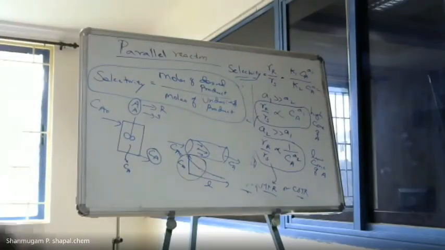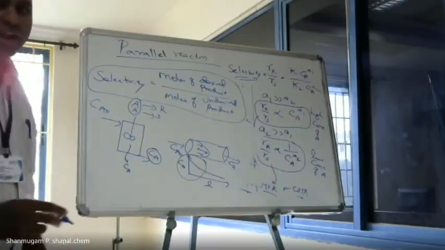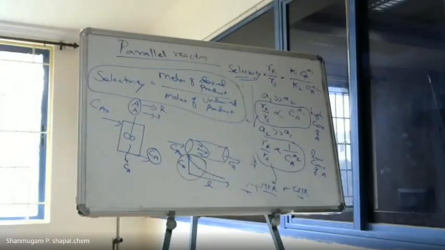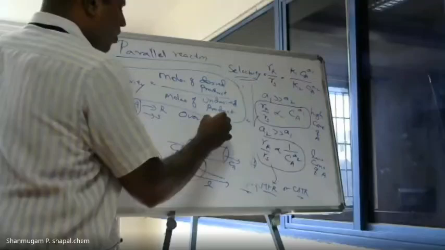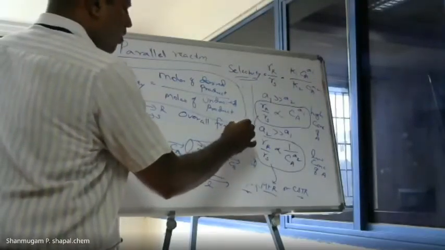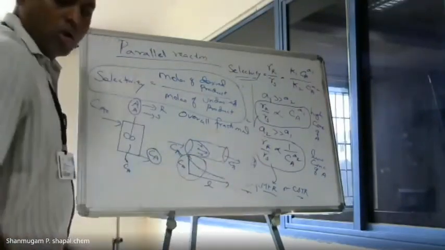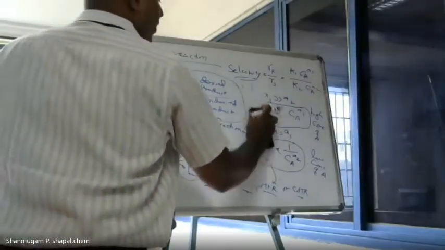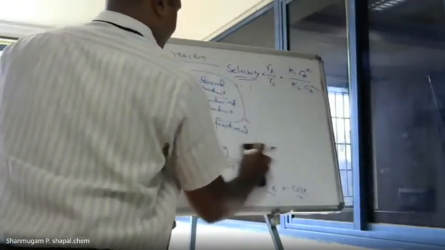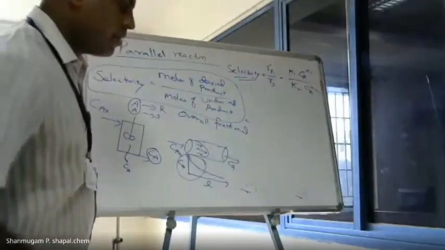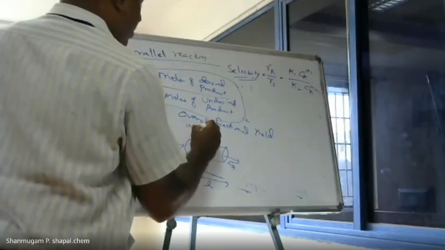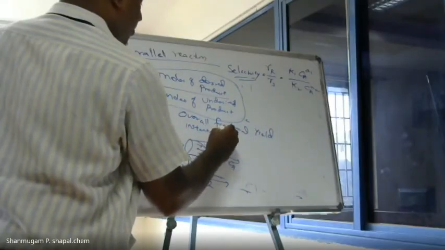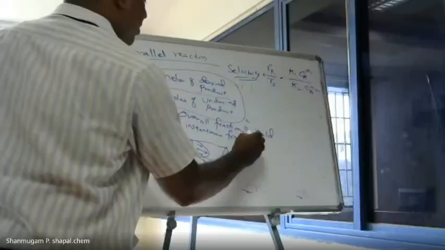So you have two types of yield: the overall fractional yield and the instantaneous fractional yield.